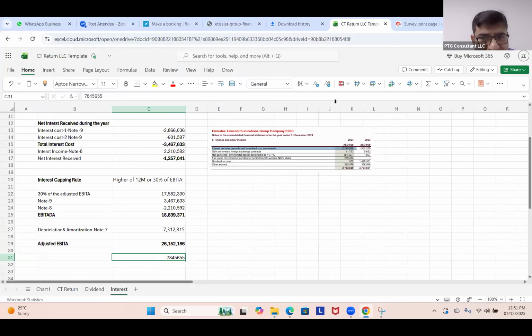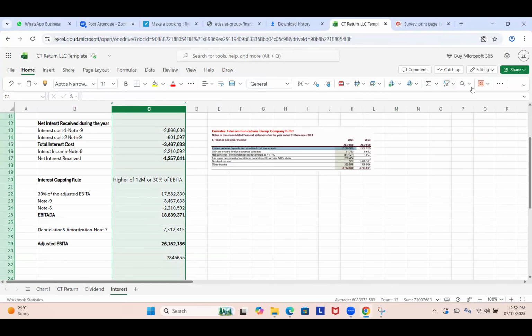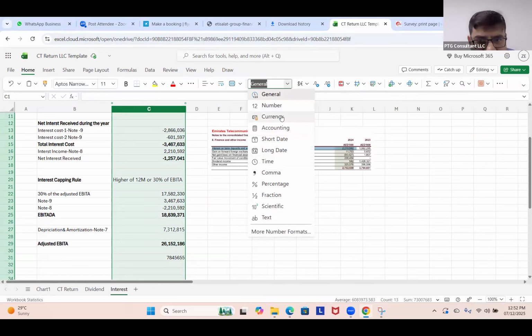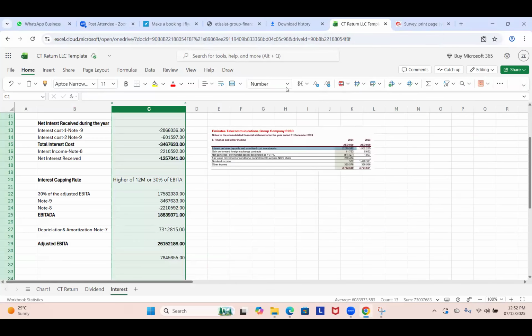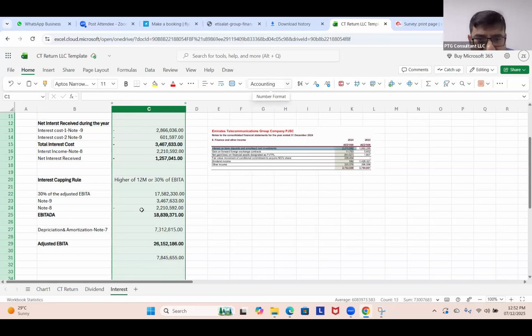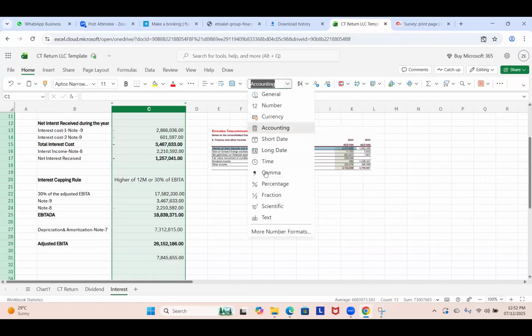Even online, just select this full column and apply the format once, with commas. Okay, fine, let's move on.